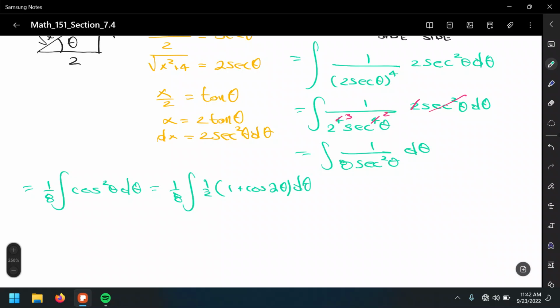So two things here in one shot. 1/8 times 1/2, isn't that a 1/16? And then at the same time, I'm going to split this into two integrals. Number one, the integral of 1 times d theta, which is d theta, plus 1/16, the integral of cosine 2 theta d theta.